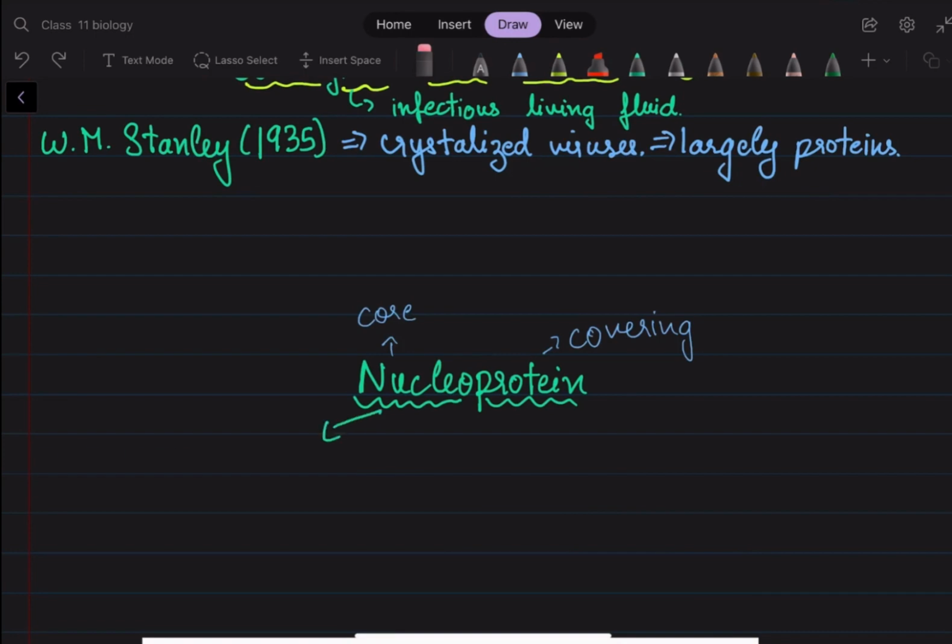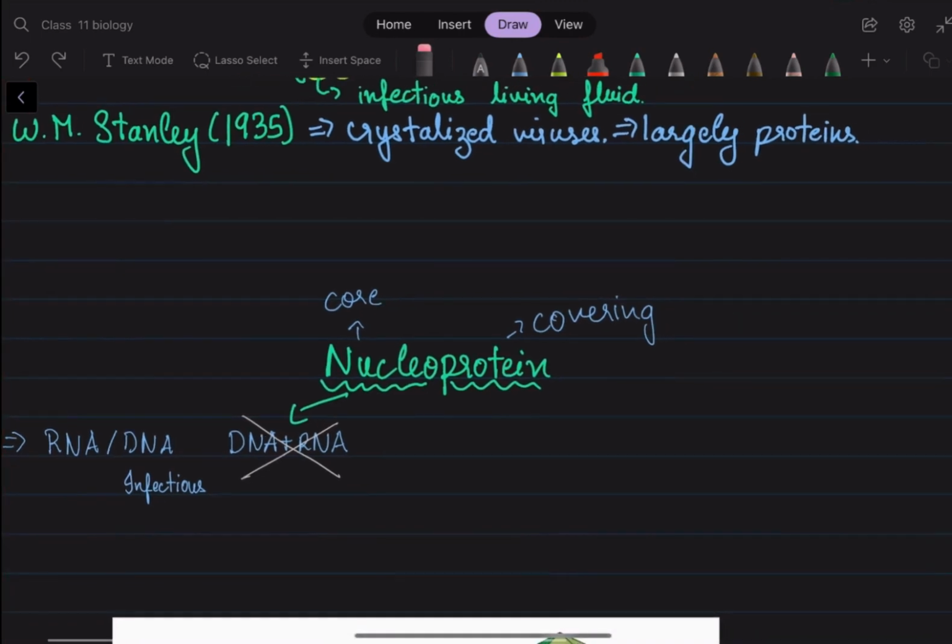The nucleic acid can be either RNA or DNA, and this RNA or DNA is mainly the infectious part. RNA and DNA cannot be present together. It can either be RNA or DNA, but not both. Coming to the protein part, the protein covering of the virus is called the capsid.